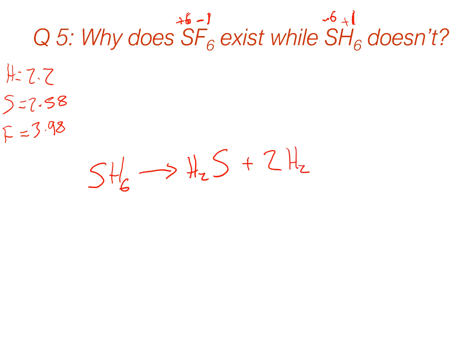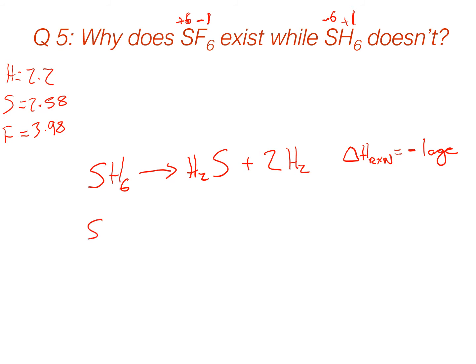Now this delta H of reaction will be a very, very large negative number. That is because the H-H bond, if you remember, is a really strong bond. It's over 400 kilojoules per mole. And that means that this reaction releases a lot of energy because it's making some really stable compounds.